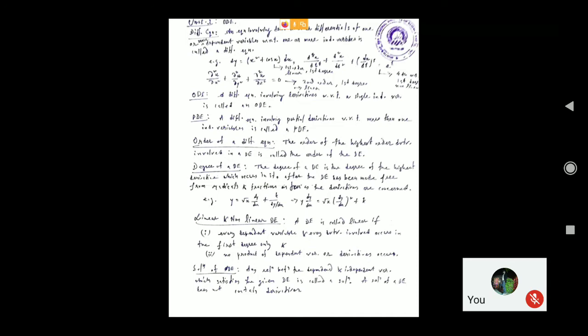But in many cases, there may be more parameters on which a variable depends. In such cases, we have partial differential equations. In this particular unit, we will learn about only first order ordinary differential equations and their techniques of solutions. The techniques of solutions are also needed to solve that type of problem.